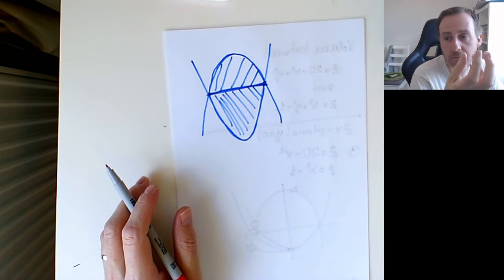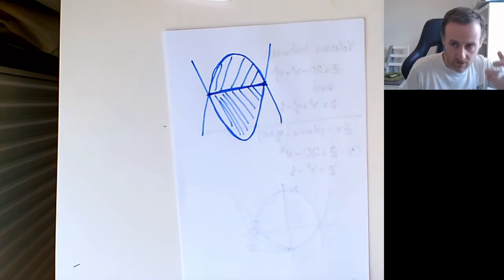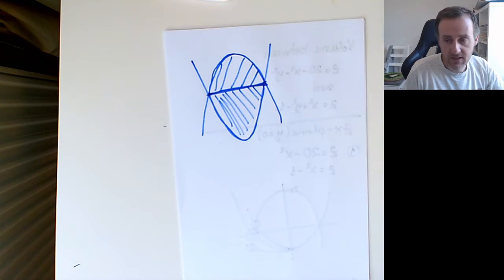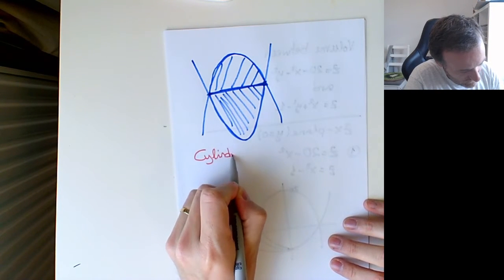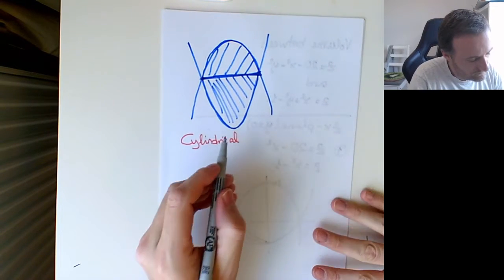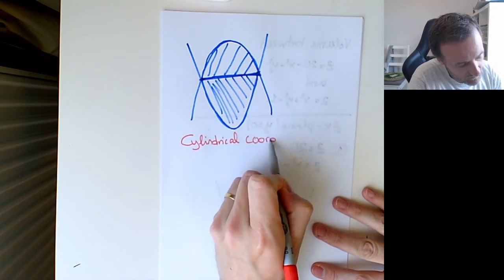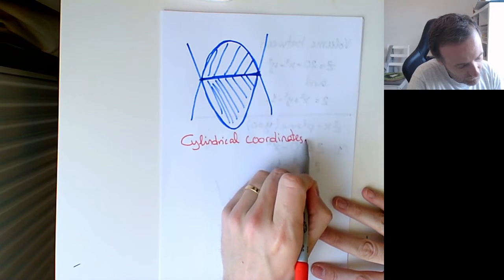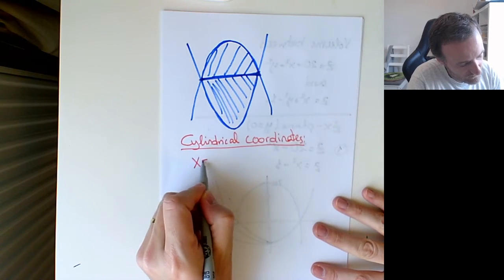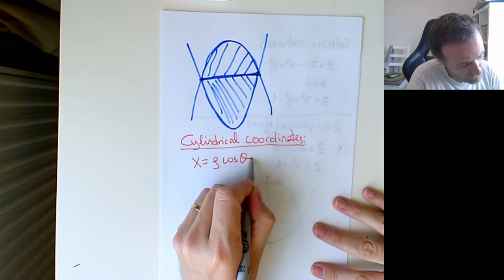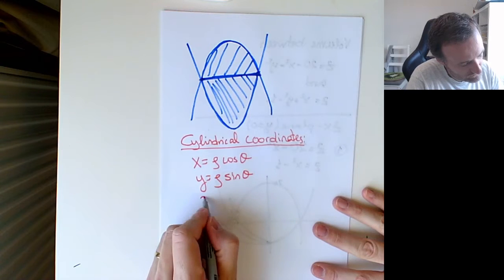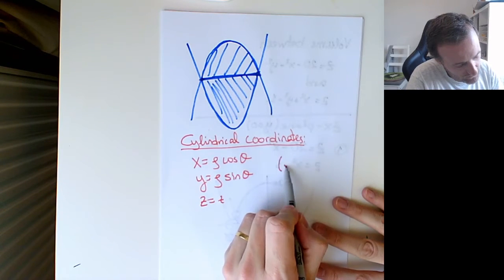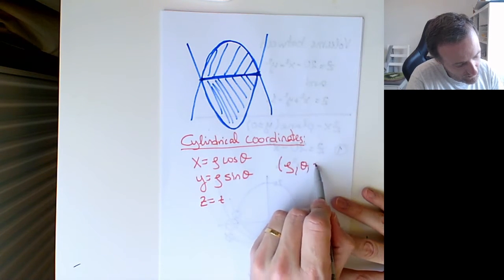A good way of representing paraboloids that are along the z-axis is using cylindrical coordinates. The coordinates are rho, theta, and z.